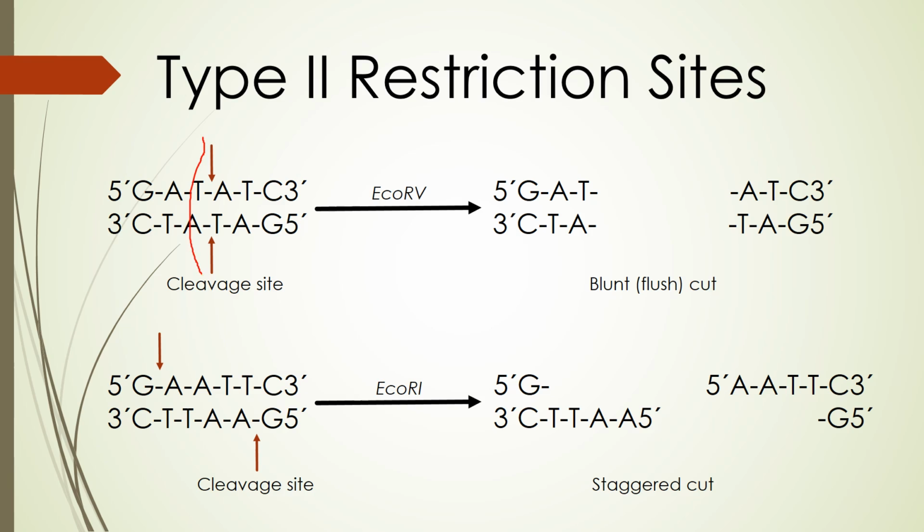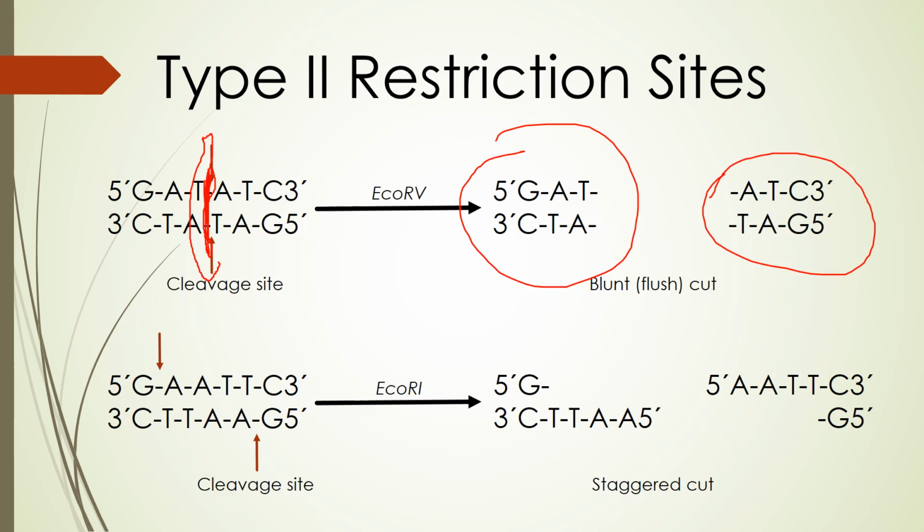Okay, this is the axis of symmetry. This one. So this type of product we have to find, and for overhanging and staggered cuts, the cleavage points do not fall on the symmetry axis, so the resulting restriction fragments have sticky or cohesive ends.